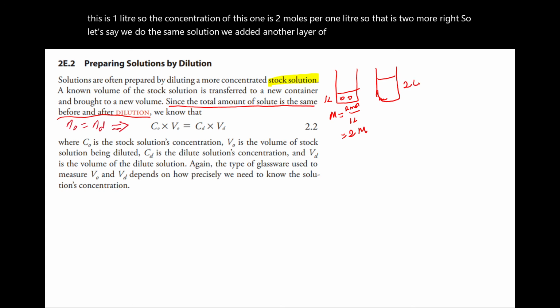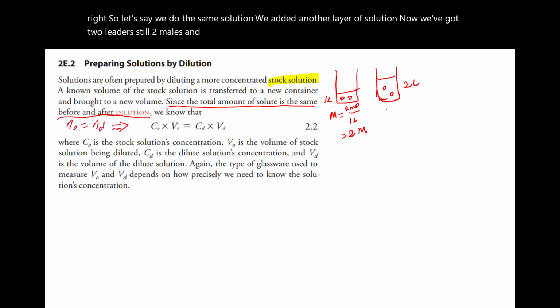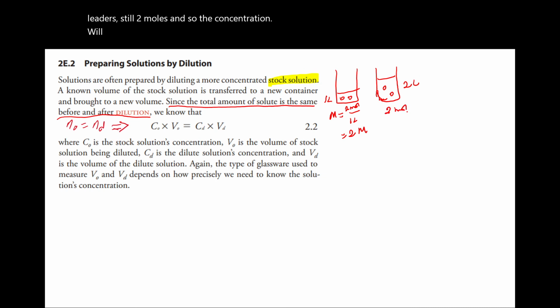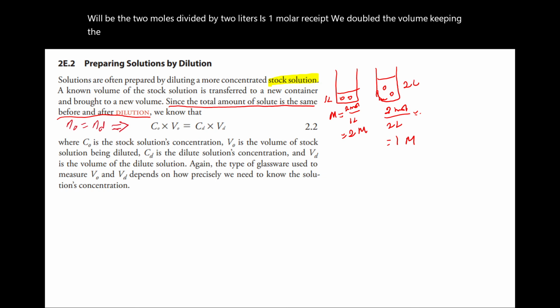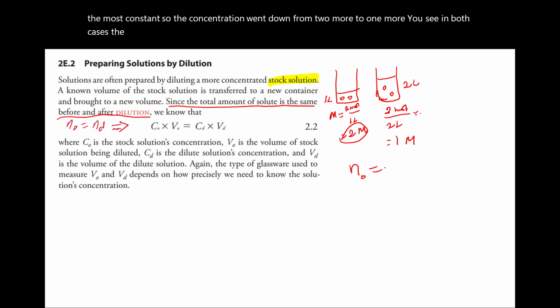Now we got 2 liters, still 2 moles, and so the concentration will be 2 moles divided by 2 liters, which is 1 molar. You see, we doubled the volume, keeping the moles constant. So the concentration went down from 2 molar to 1 molar. You see, in both cases, the n initial equals the n of the dilute solution.